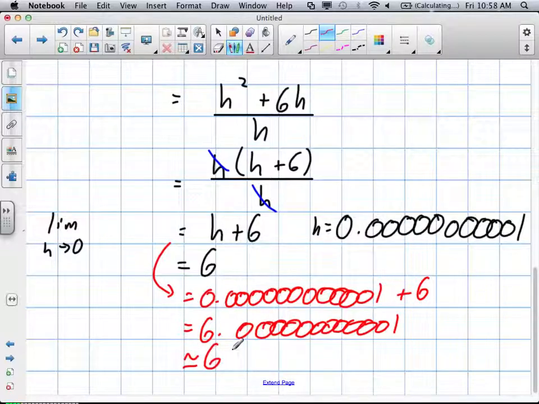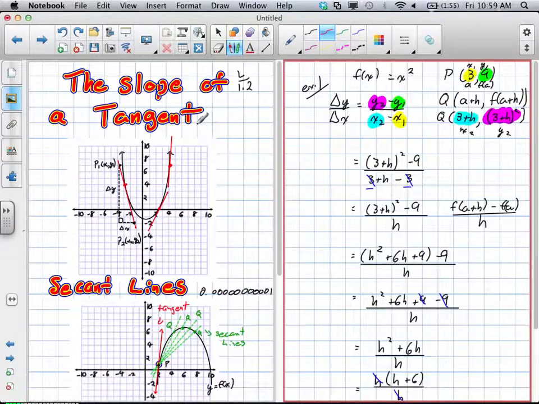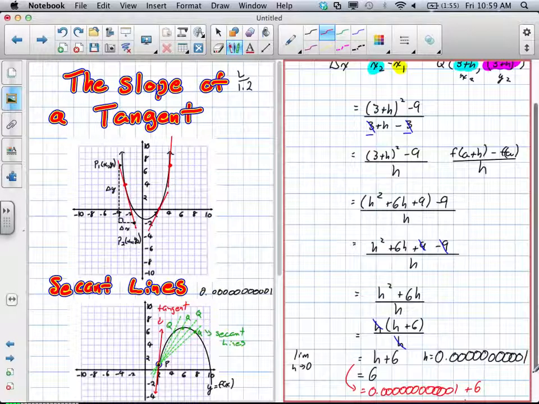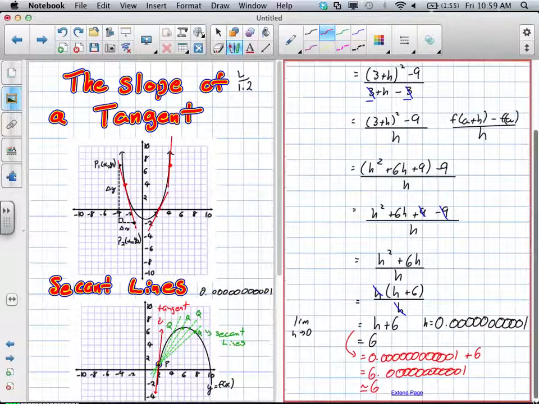The idea of h is it's not 0, but it's approaching 0. It's an infinitely small number. Well, when we conclude and put that infinitely small number attached to 6, it's really just the number 6. In terms of values that matter to us. So that's the idea of our h when we're going through this. There's our 2 pages. We've gone through one example, and I've showed you how they kind of derived the formula.